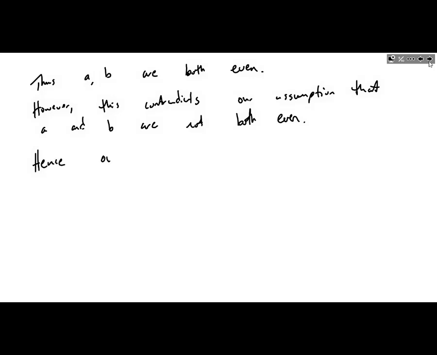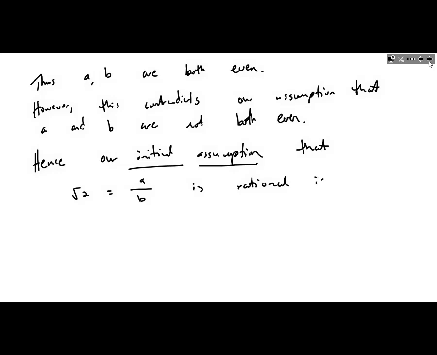Hence, our initial assumption that the square root of 2 can be written as a over b is rational is false. Therefore, we conclude that the square root of 2 is irrational.